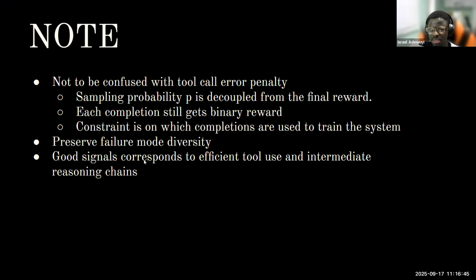But from the positive cases, they only want to train the model on the trajectories where there was efficient tool use, where the model made fewer errors when calling tools. I guess this was what the authors are trying to reinforce with the ROC method specifically.